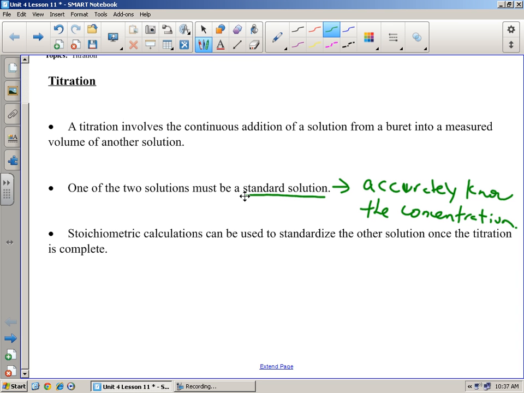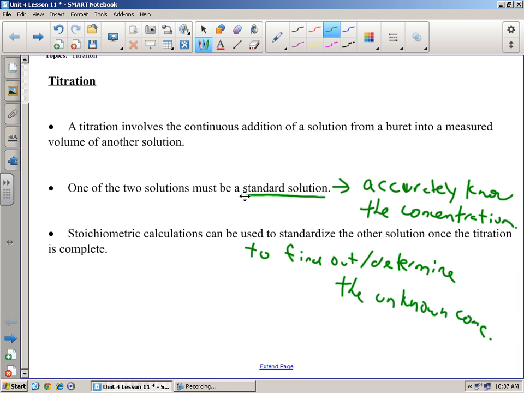So you're going to use stoichiometric calculations to standardize the other solution, to determine the unknown concentration. Always.